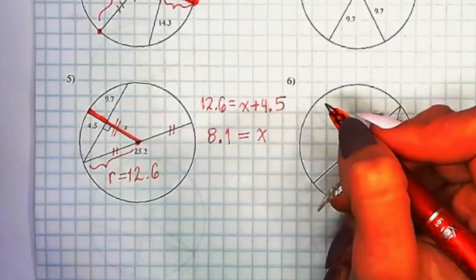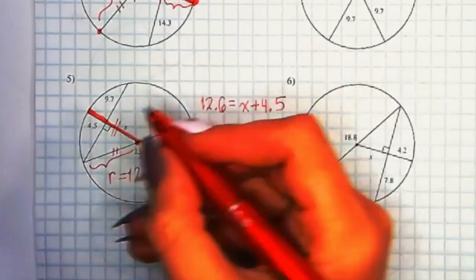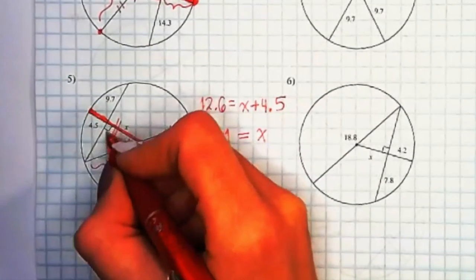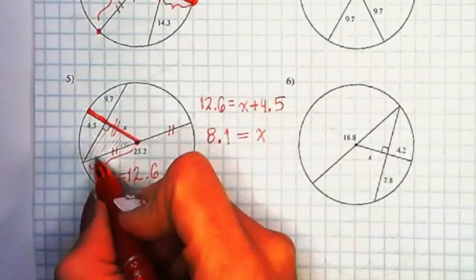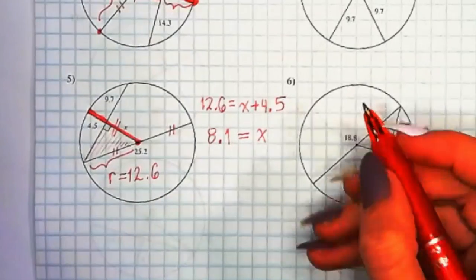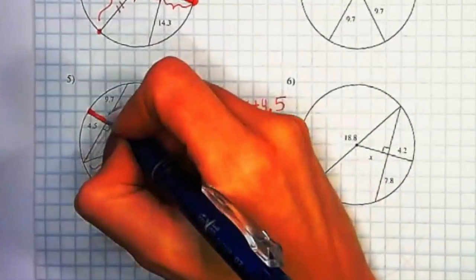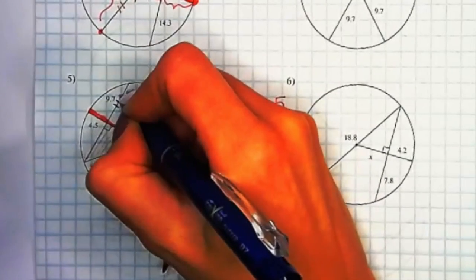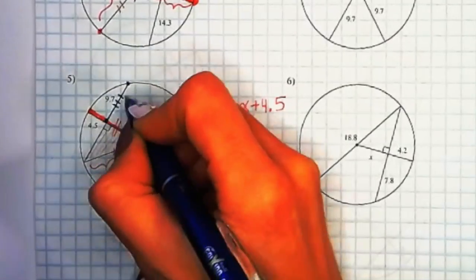Is there another way we could have done this problem? How about using this right triangle over here? Could we have used the Pythagorean theorem? Well, right here we have 9.7 as this piece right over here, this segment.